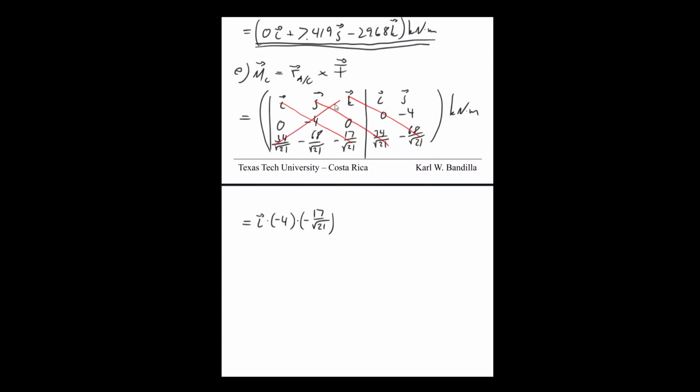So let's do the other ones. That is not 0, so it'll be minus 34 over the square root of 21 times minus 4 times K. This one is 0 and this one is 0. Well, that makes it nice and easy. So no component in the y direction this time.